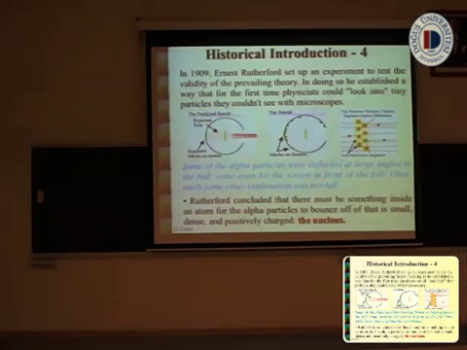Some of the alpha particles scatter at large angle, and some of them will not scatter. Then we will get this pattern. So it means that an atom has a nucleus inside it. So the nucleus has a positive charge.